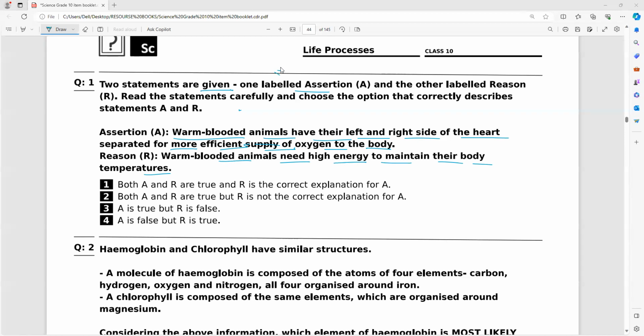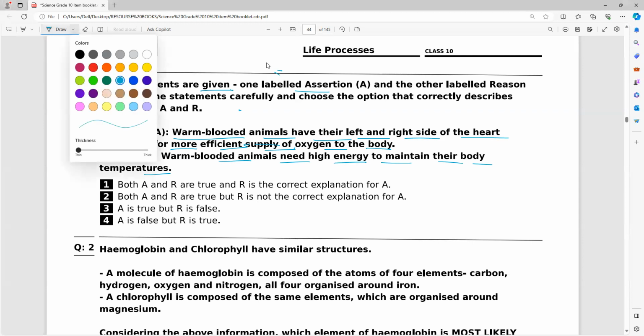Humans. We are all humans. Suppose you take cold-blooded animals, snakes and all. Their body temperature does not need to be maintained constantly. According to the environment temperature, their body temperature can be adjusted.